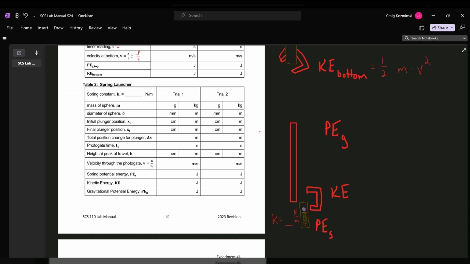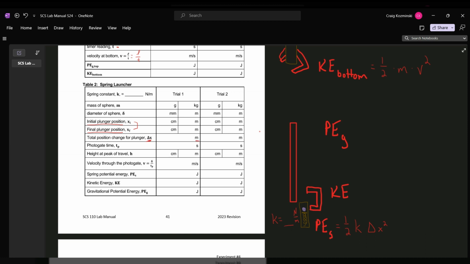And so, to calculate the energy of the spring, it's equal to 1/2 times our spring constant K times delta x squared, where delta x is simply going to be the difference between our initial plunger position, x sub i, and our final plunger position, x sub f. And so taking the difference between these two will allow us to calculate our delta x in units of meters.